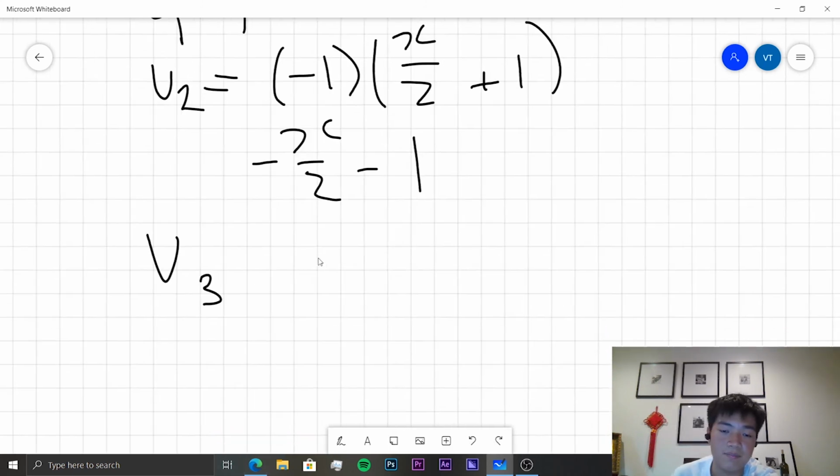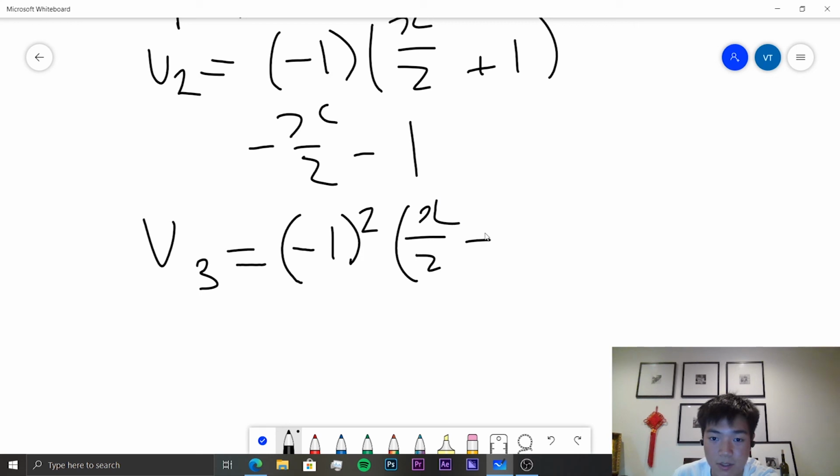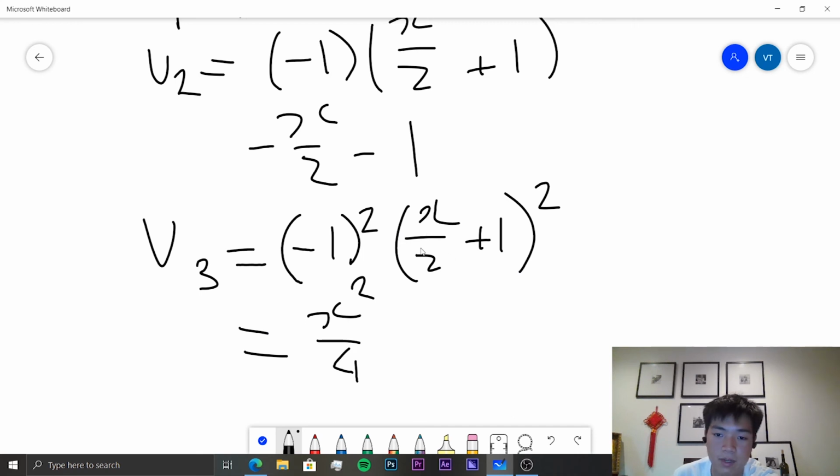Our third term would be negative 1 squared times x over 2 plus 1 squared, which is equal to x squared over 4, plus x over 2 times 1 times 2, plus 1.